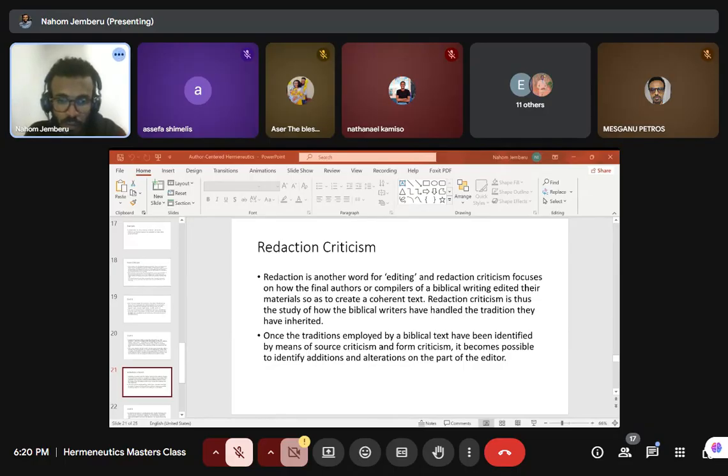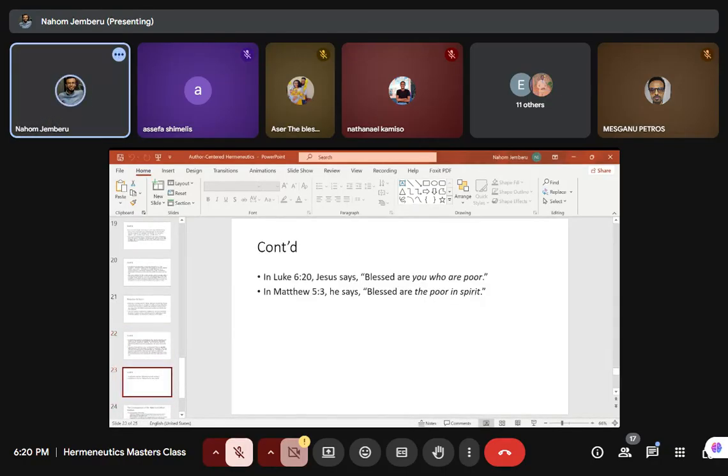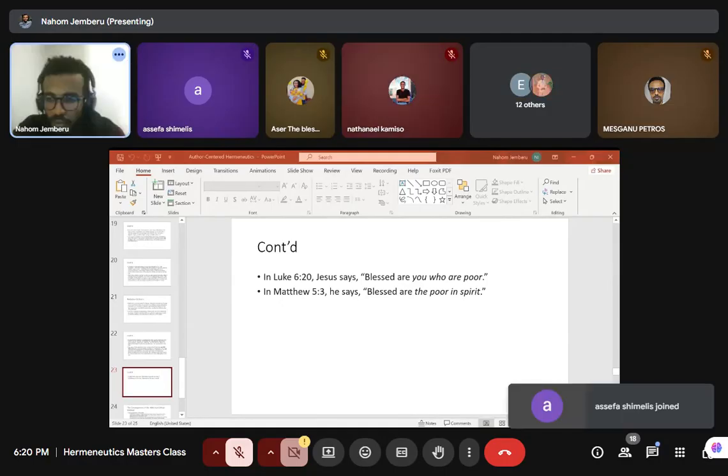For example, think of this simple statement from Luke and Matthew. Luke tells us that Jesus said in the Sermon on the Mount, "Blessed are you who are poor," but Matthew prefers to interpret this as "Blessed are the poor in spirit."